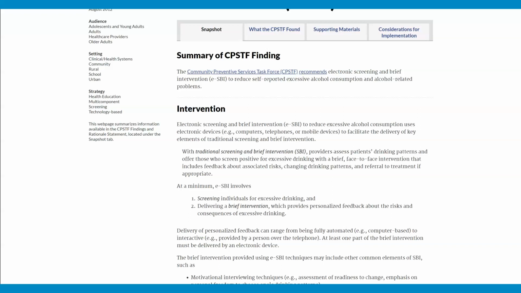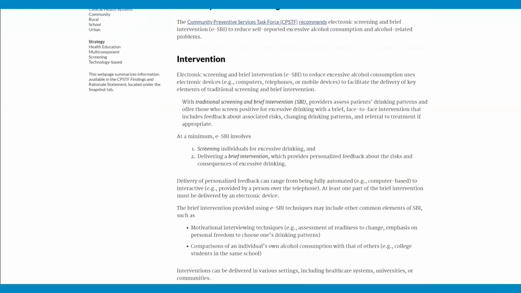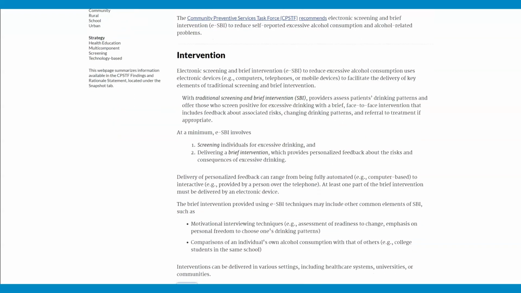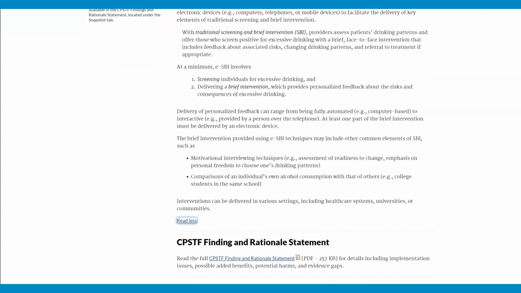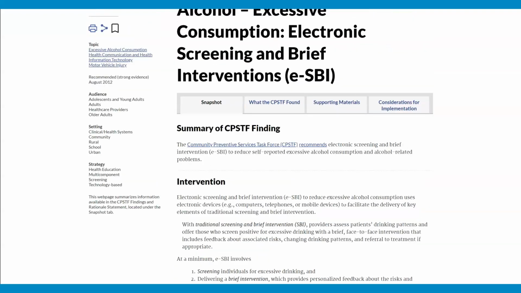So this technique is a brief intervention which includes motivational interviewing techniques. So it will right then and there assess the readiness to change, emphasize the personal freedom to choose one's drinking patterns, and then compare an individual's own alcohol consumption with that of others, maybe like college students in the same school or something within the same demographic variable.